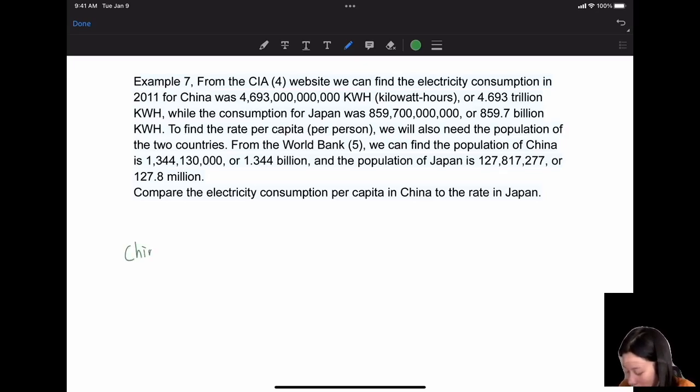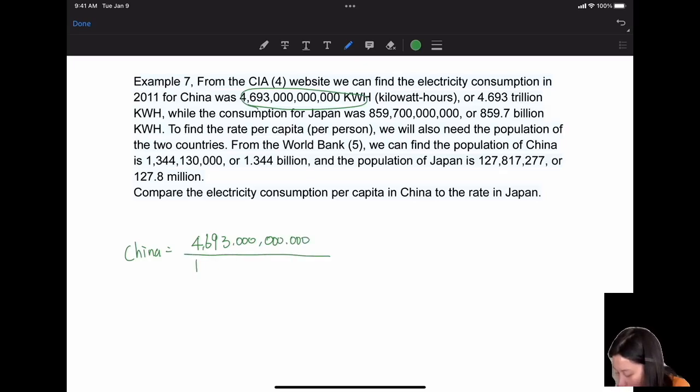So for China, let's just compare how much electricity per person is used. So the total consumption is 4,693 billion over the population of China, which is 1,344,000,000 capita.